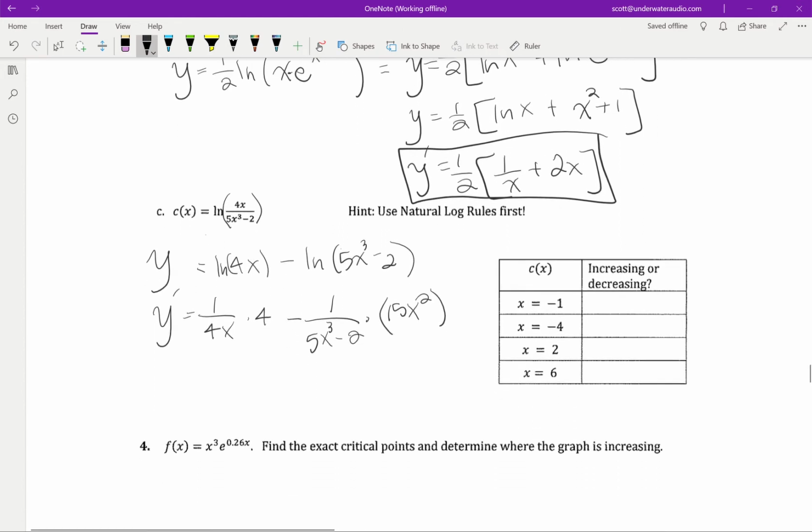Clean that up just a teeny. The 1 over x, and then minus 15x squared over 5x cubed minus 2.